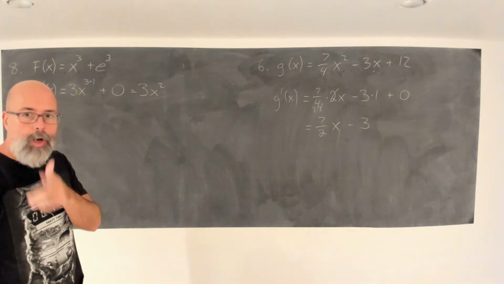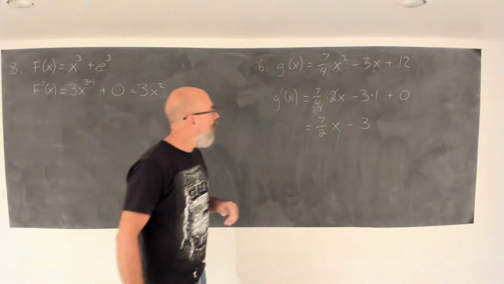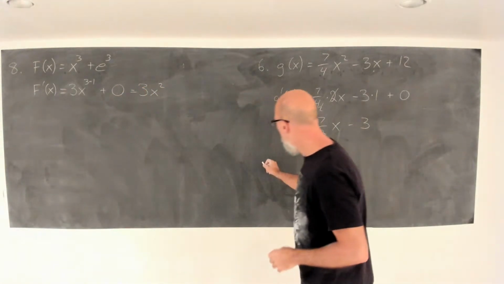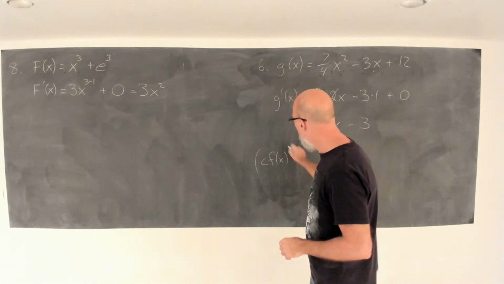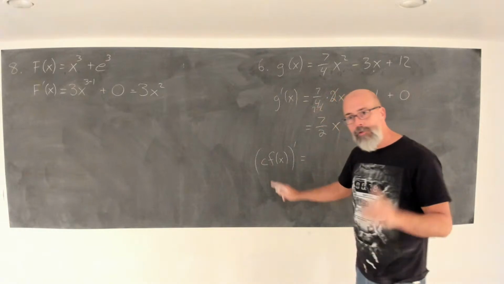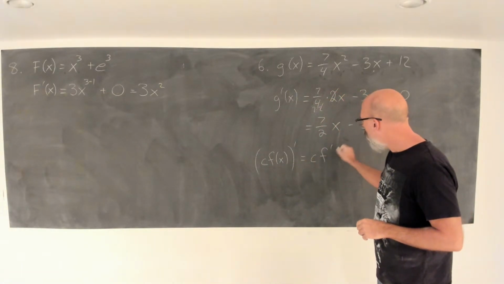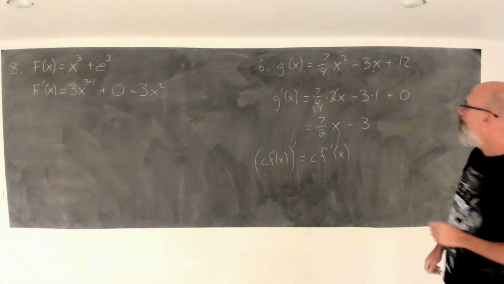Georgia is asking, why is 7 over 4, in this case, not equal to 0? We saw that the derivative of a constant times a function, in fact, we proved this using the limit definition, that you could take out the constant. Right?